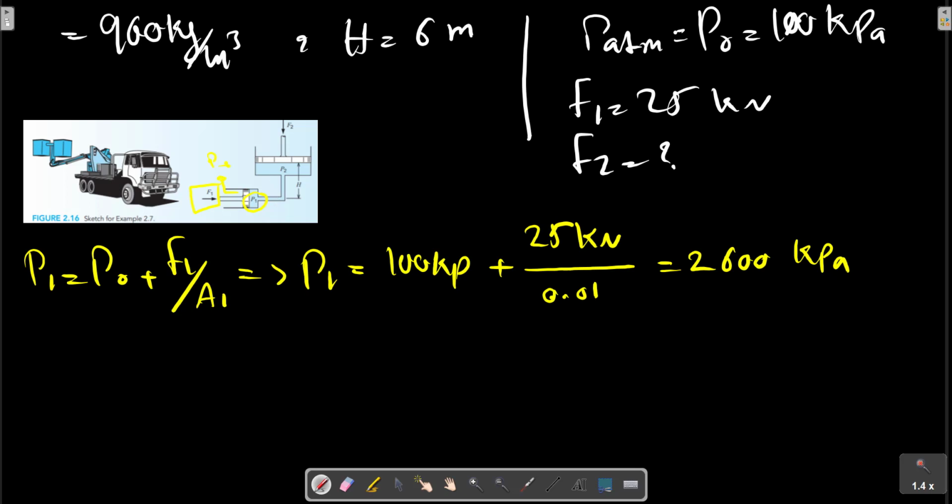For this point we have P1 and P2. We can write the relation for the pressure.